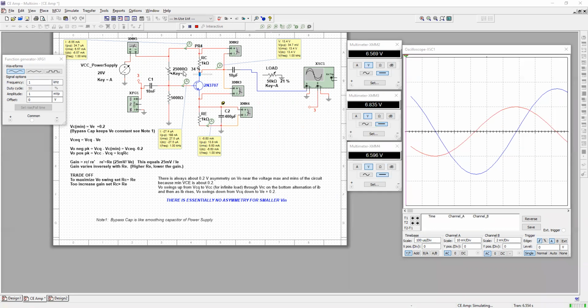Since 25,000 ohms, if it was at full strength, if we had turned the potentiometer up to 100%, 25,000 ohms is much greater than 5,000 ohms. The parallel resistance would be set basically by the 5,000 ohms.